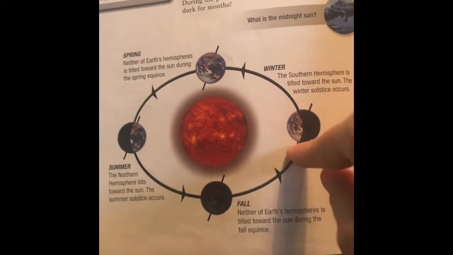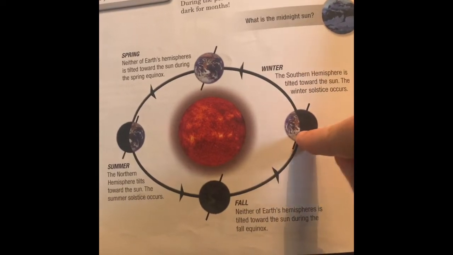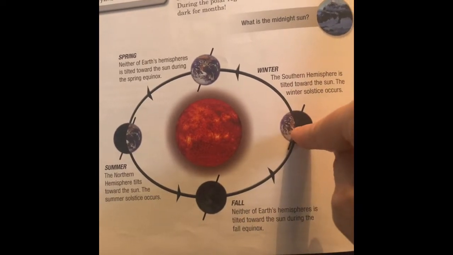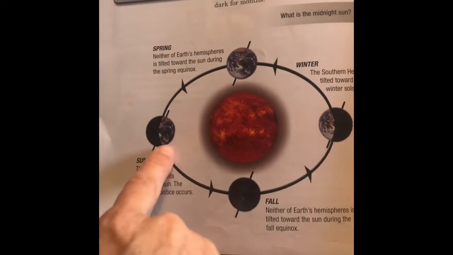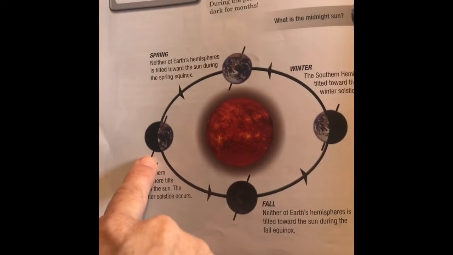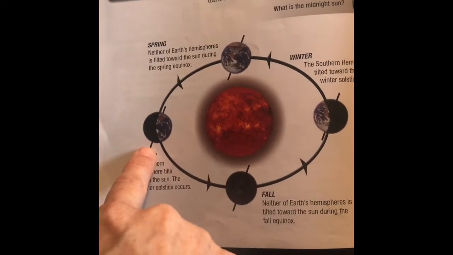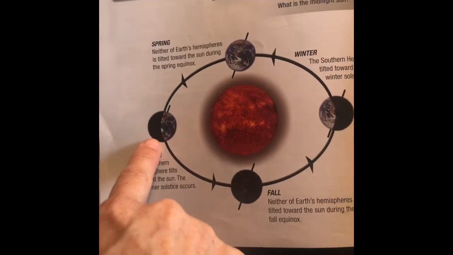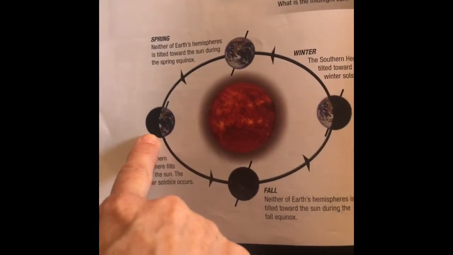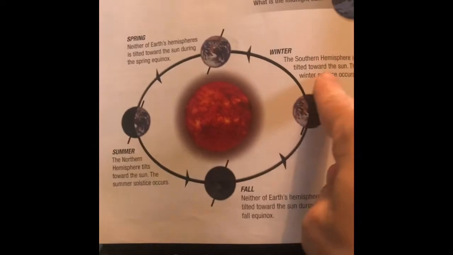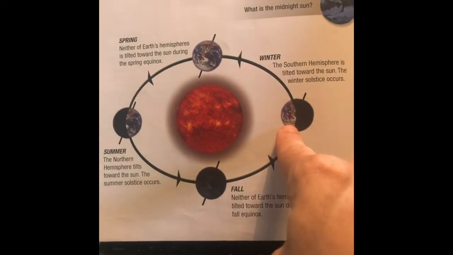But now if I'm in the southern hemisphere right now, it would be summertime for me. On the other hand, over here is when the northern hemisphere would be having its summer and the southern hemisphere would be having its winter. So it all has to do with that tilt of the axis.